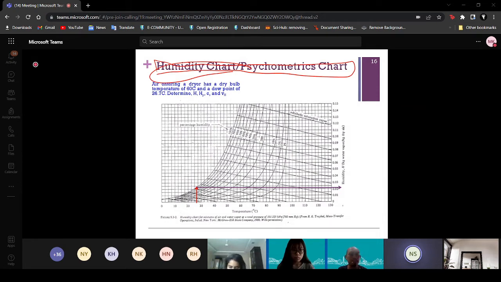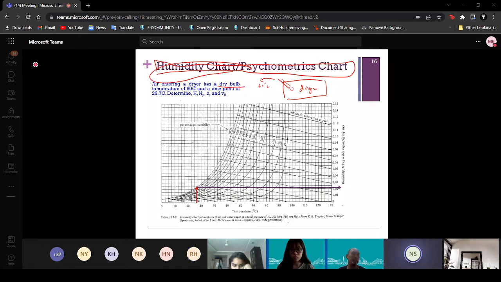All right, so let's say you are the dryer. So let's say this is your dryer, and in this dryer, if you measure the temperature, so let's say this is your thermometer, and you measure the temperature is 60 degrees Celsius. So this thermometer temperature, the temperature that they gave, is basically also called dry bulb temperature.